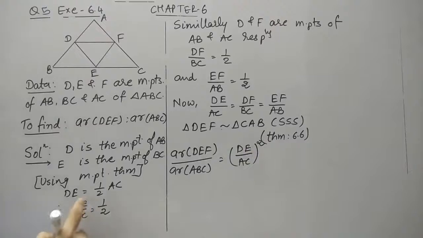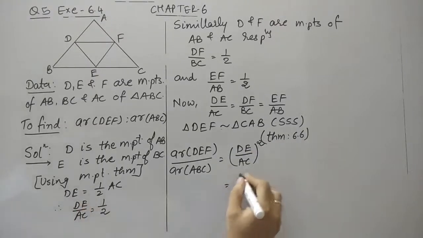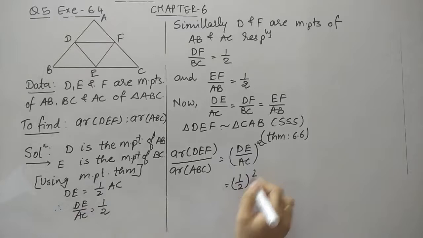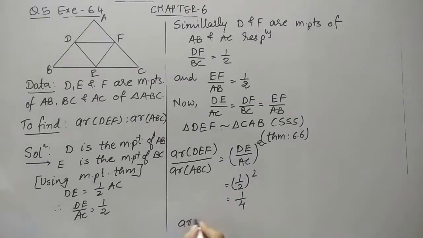As we know that DE upon AC is half, that is 1 by 2 the whole square, so that is 1 by 4. So we obtain the answer that the area of DEF is to the area of ABC equal to 1:4. Remember, this is also a kind of formula you have to remember. This can be useful to solve many objective questions also.